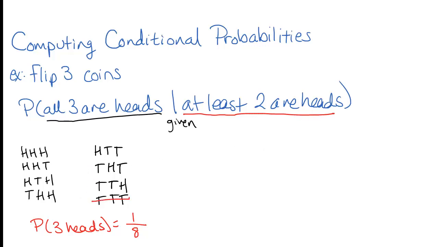For example, we can't have 3 tails because not at least 2 of those are heads. So if we go through and eliminate any that wouldn't qualify for at least 2 heads, then we want to repeat, all of these ones would still be possible, and say, okay, how many ways can we get 3 heads? Well, this is still 1 out of, now there is a possible 4. So our probability here would be 1/4.